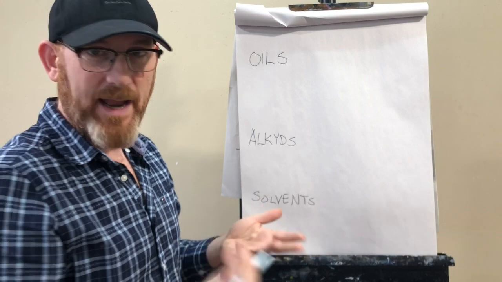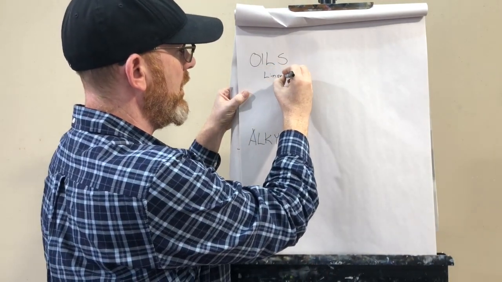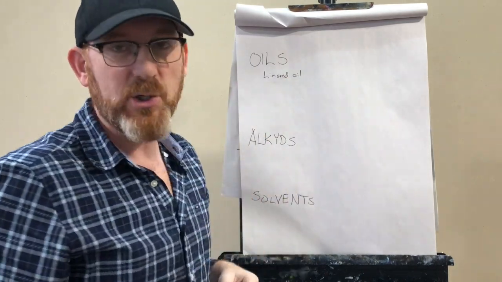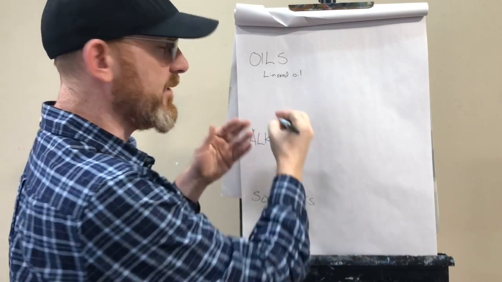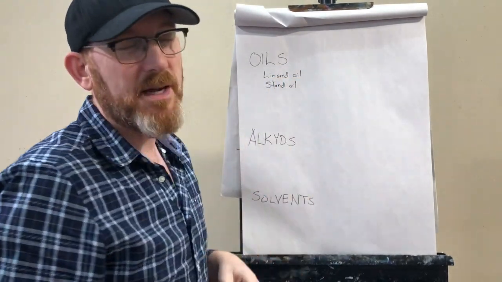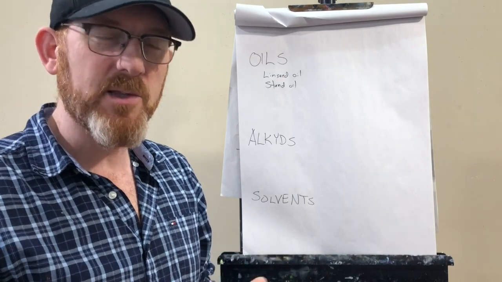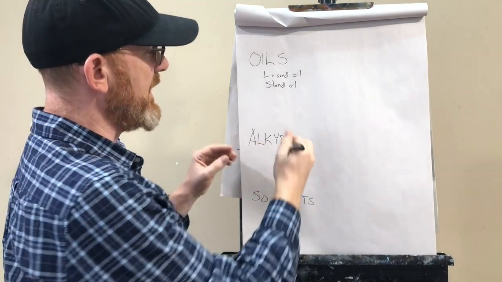Now, under oils, we'd have things like, obviously, the linseed oil. That is the original binder for our paint. Comes in refined linseed oil, cold pressed linseed oil. There's even stand oil, which is a much thicker viscosity, almost like a honey thickness. It's a slightly polymerized linseed oil still.